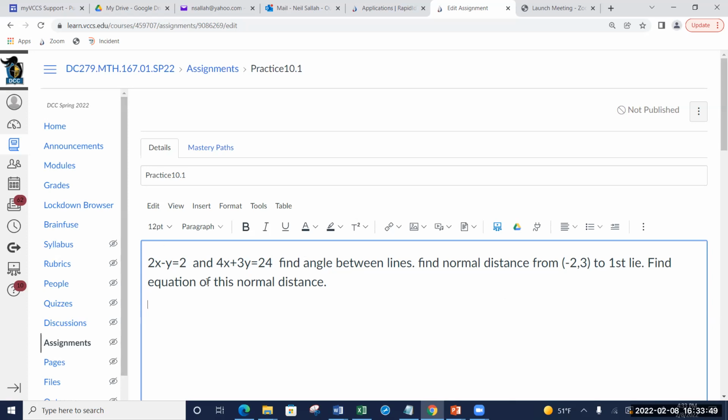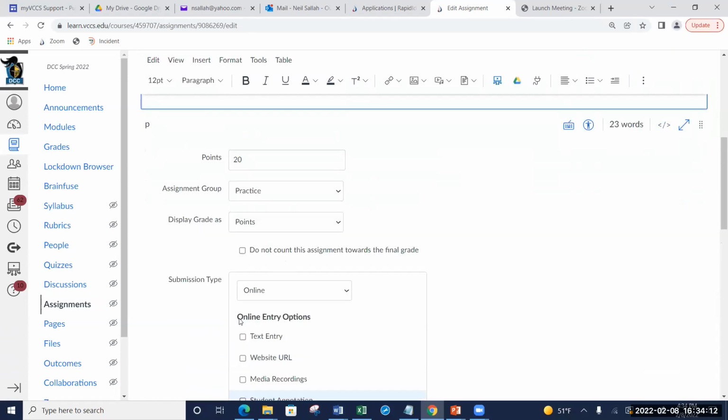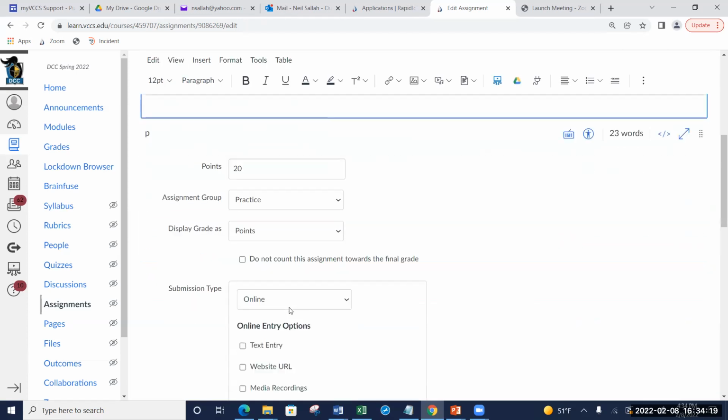And then find the equation of this normal distance. That's exactly what we did in class. Find the angle between two lines, find the normal distance, then find the equation of that distance. You copy those two lines. Go ahead and do some practice.